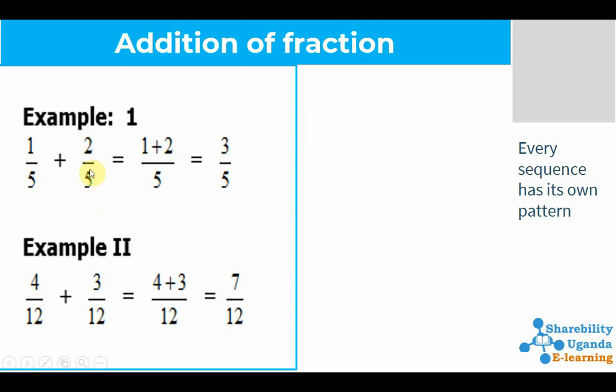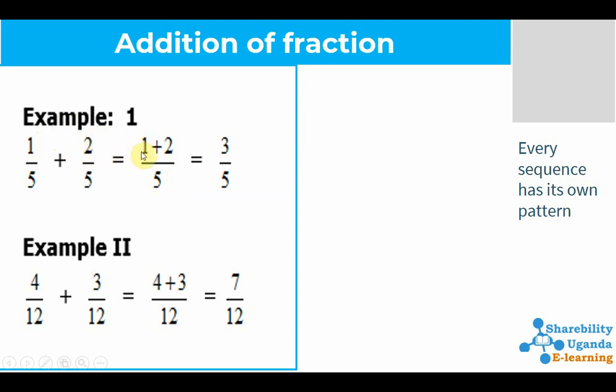You can see these are the same denominators. So we just write down equal to our denominator, then we add our numerators, because the denominators are the same. So we only add our numerators, which is 1 plus 2.